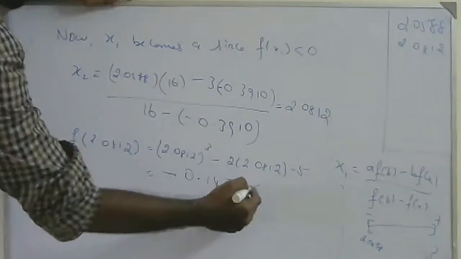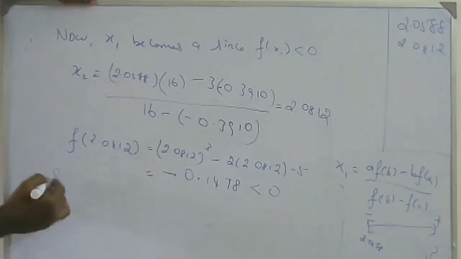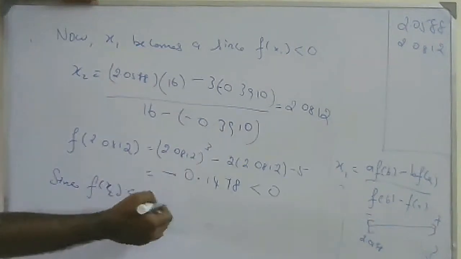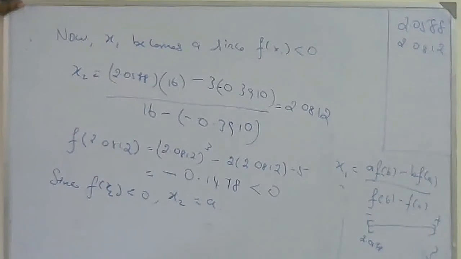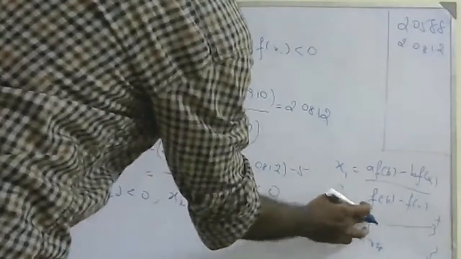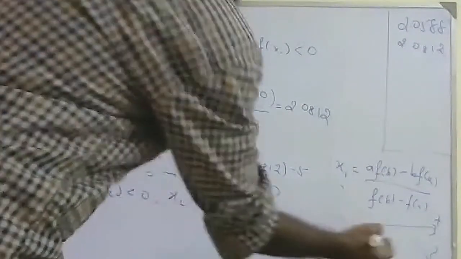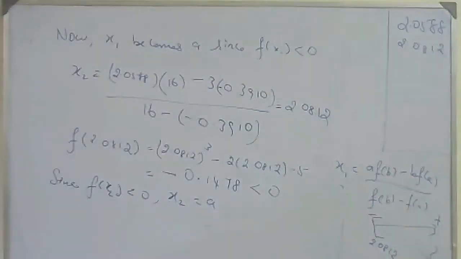Is it negative? Therefore x2 becomes a. Since f of x2 is negative, x2 is equal to a. Actually x2 takes the value of a. What did we do, we erased this. It is negative, so you have to rub the x2.